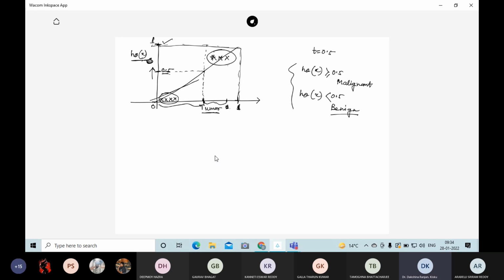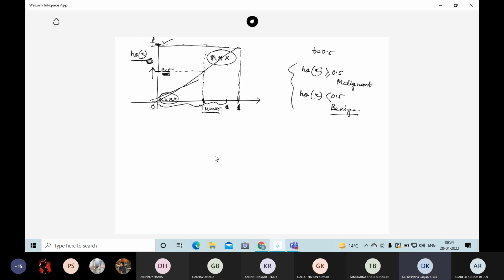Depending upon the problem or its requirement, we can change the threshold, the threshold of h theta x. Depending upon the predicted value or the requirement of the problem, we can always change this threshold. This threshold is not fixed.